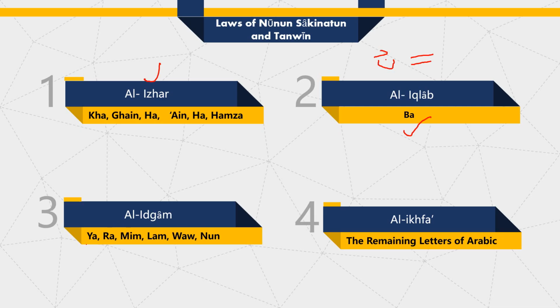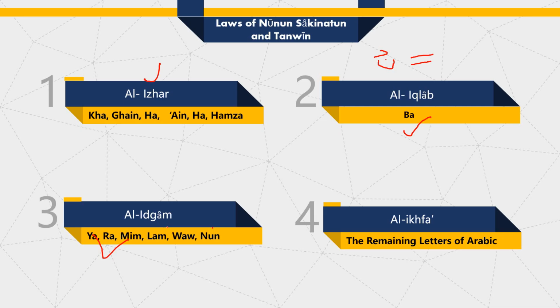Those are the ones that have to do with ya, nun, mim, and waw. In most cases, ra and lam are idgham bighayri ghunna. But mim is another type of idgham. It's also idgham kamil, and it has been taken care of when you see shedda on it.